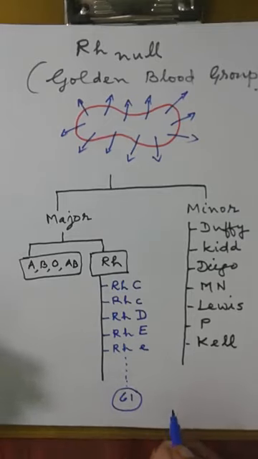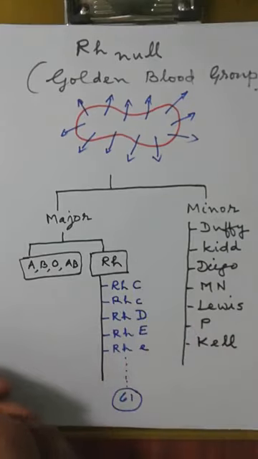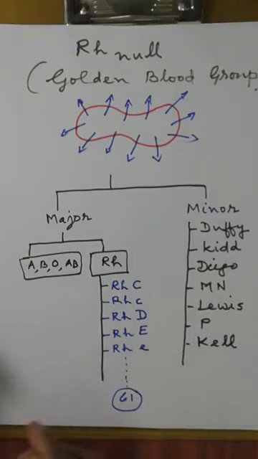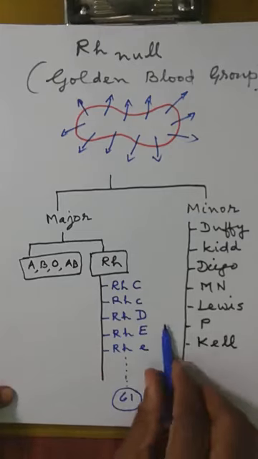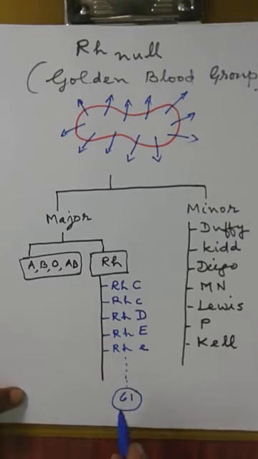In my previous videos, I have already explained what is RH. Rhesus comes from the rhesus macaque monkey. All those details I have explained in the previous videos, so I am not repeating it here. Just understand that there are 61 RH categories.